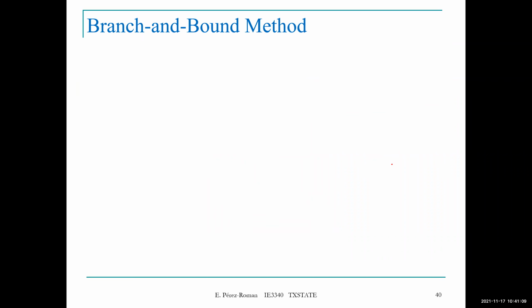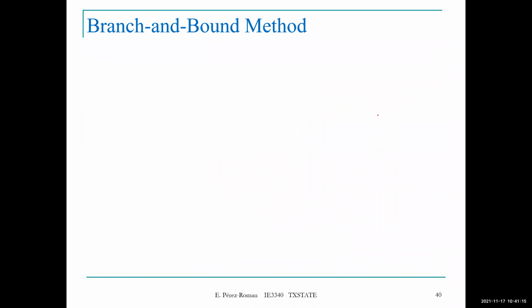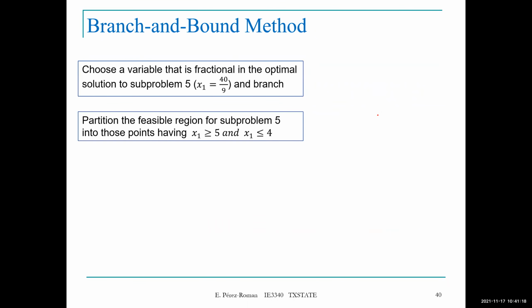So the only value that is fractional in this solution is this 40 over 9. So we're going to branch again for x1. And the integer values that are here between 40 over 9 is 4 and 5. So we're going to add those two constraints to our subproblem.